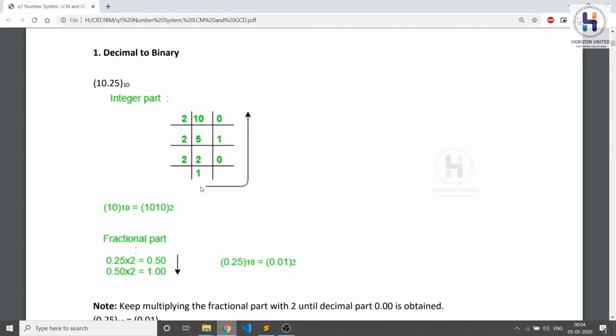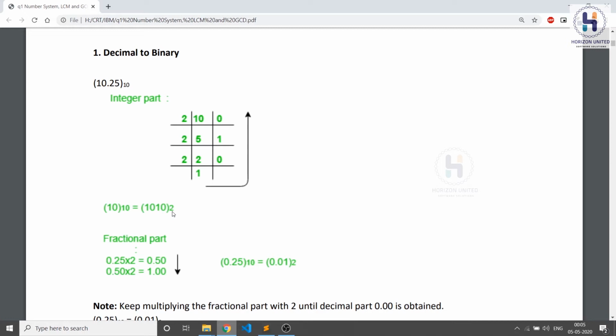So the binary number for the integer decimal number 10 will be 1010. You should not take it as 0101, that is wrong. We should consider the reverse order. The binary number will be 1010, right? With the base 2, because it's a binary number.